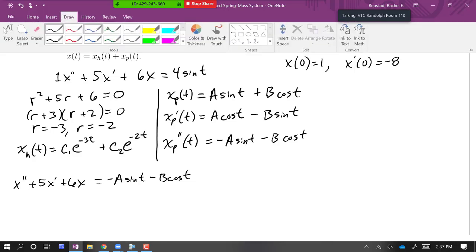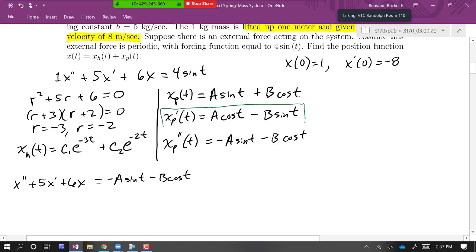I'll take this middle function and multiply it by 5, distributing right off. So this would be plus 5a cosine t minus 5b sine t.